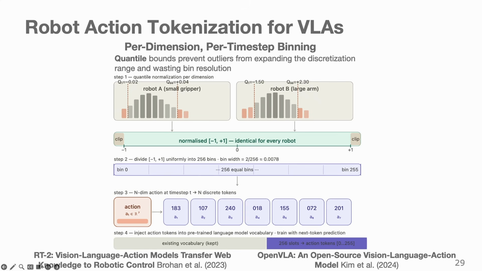And how do we connect this with our LLM? One common approach is to override the least frequent tokens in the vocabulary. So if we have 256 action tokens, you take the 256 least frequent tokens in your vocabulary.